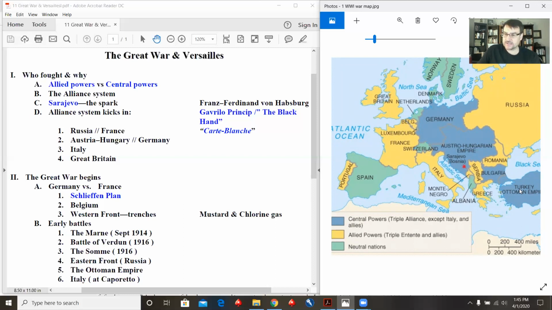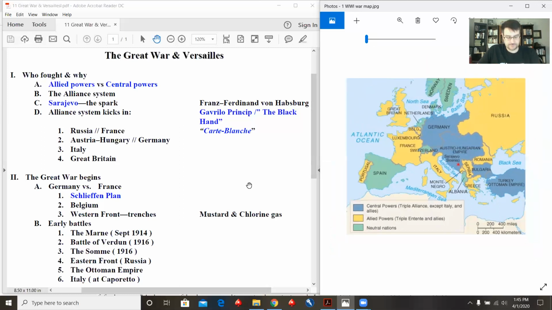The Allied side in the war, our side, was composed of Great Britain, France, and Russia. And of course, that changes over time too. By late 1917, the United States enters the war. And in the fall of 1917, Russia goes communist and pulls out of World War I. So those are the two sides involved.